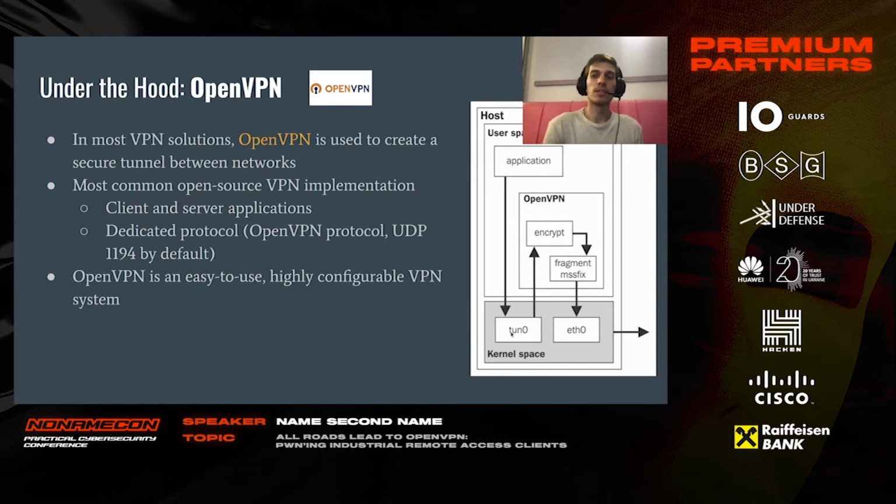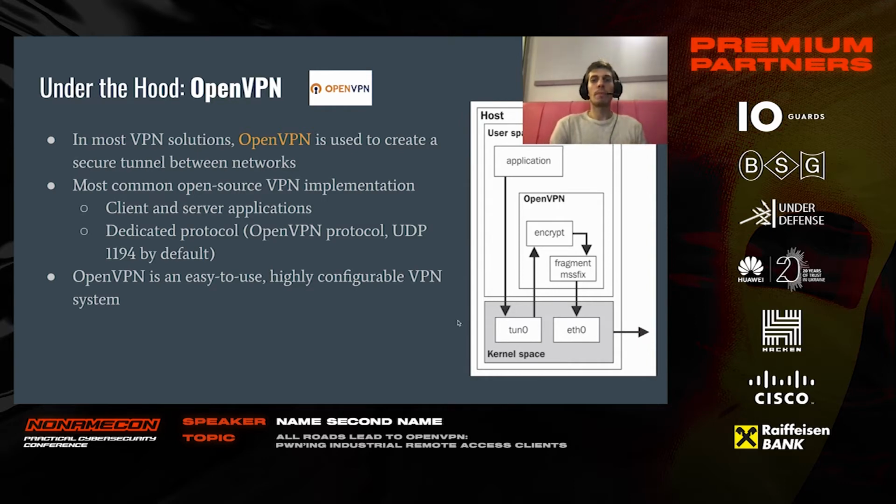TUN0 redirects the traffic through the OpenVPN instance, in which OpenVPN adds these layers of different headers and also encrypts the internal data. Then it sends it through the real interface. Now the packet is encrypted and goes through the VPN tunnel.